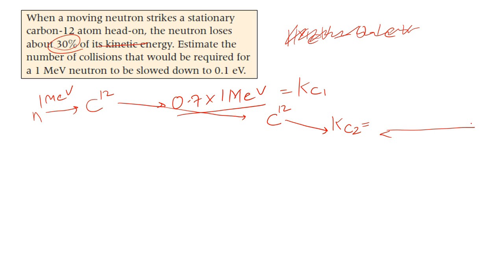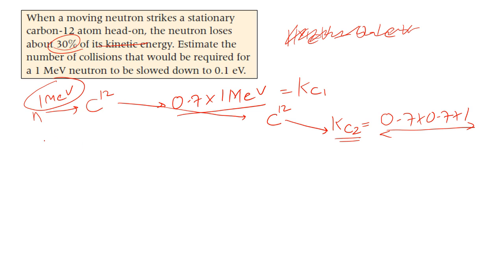Can you figure this out? So it starts with 1 MeV. 0.7 square into 1 MeV. Could you repeat? 0.7 into 0.7 into 1. Perfect. So 0.7 into 0.7 into 1, that will be the kinetic energy after the second collision.